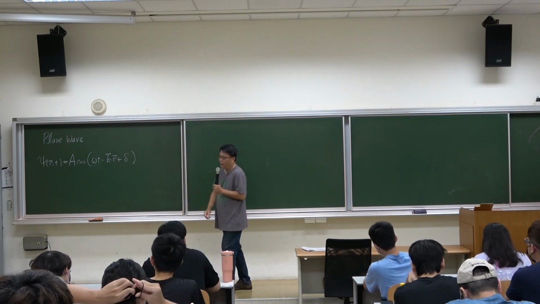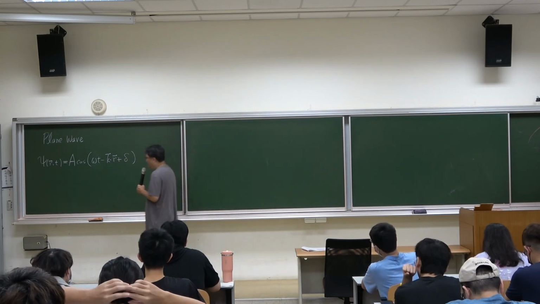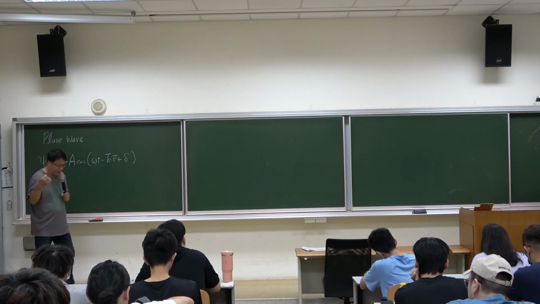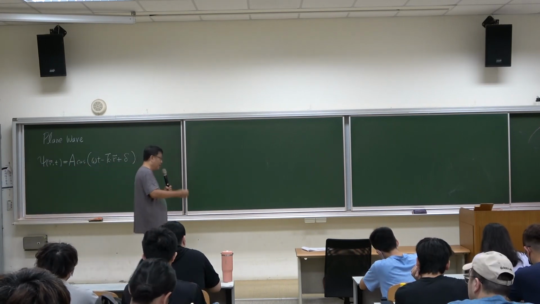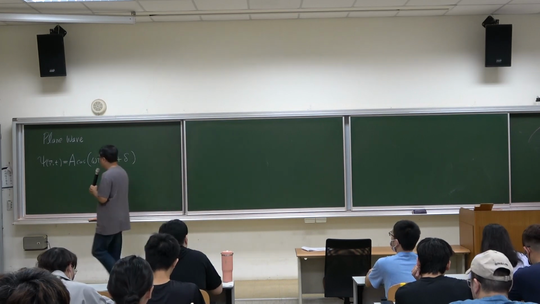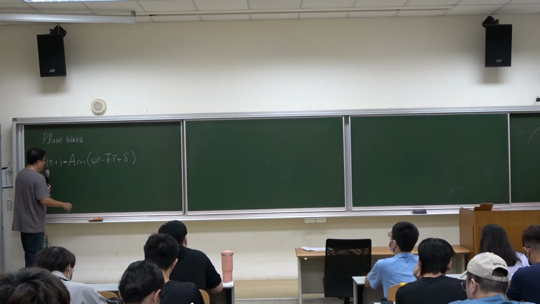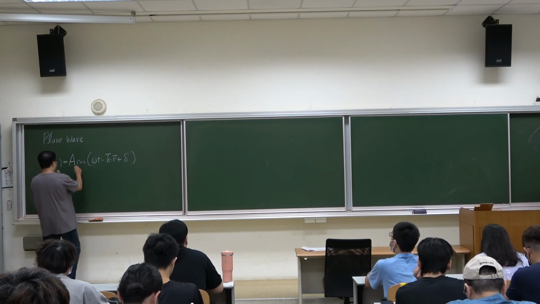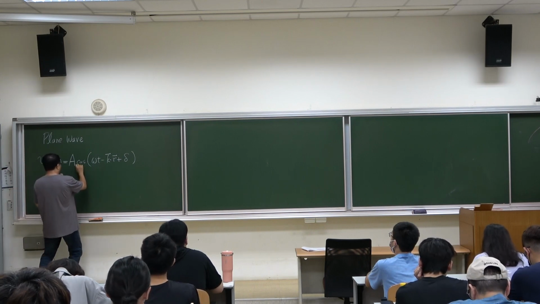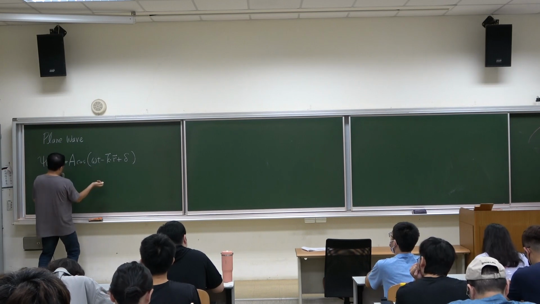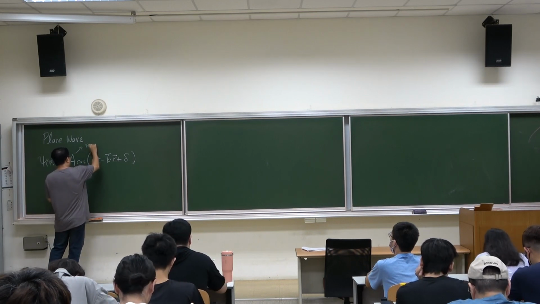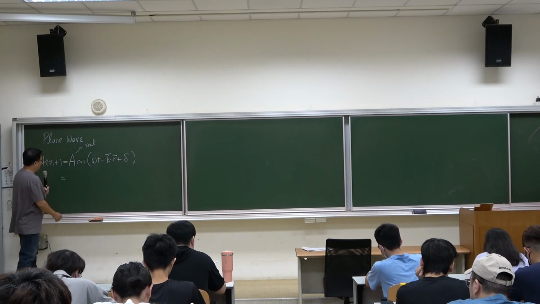A plane wave looks like this. You can treat this as one component of the electric field in the electromagnetic wave. Here A0, here A is a real and positive quantity.